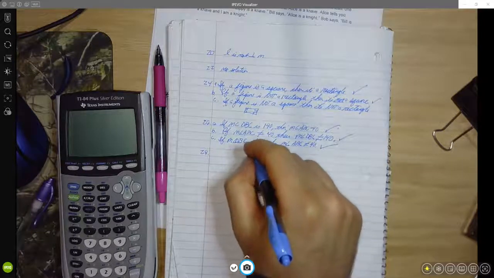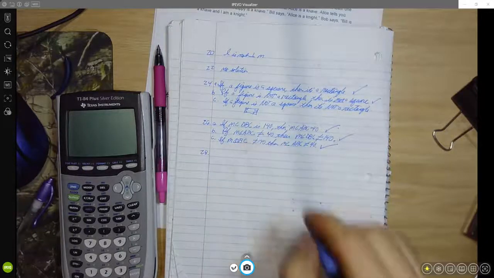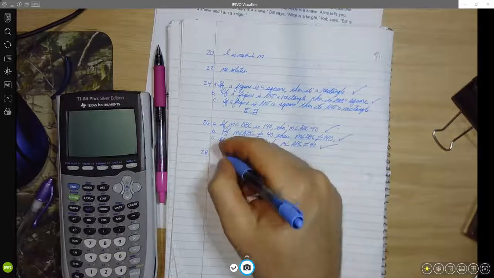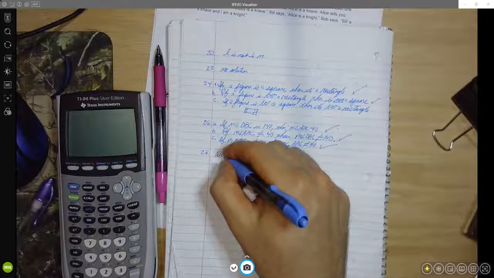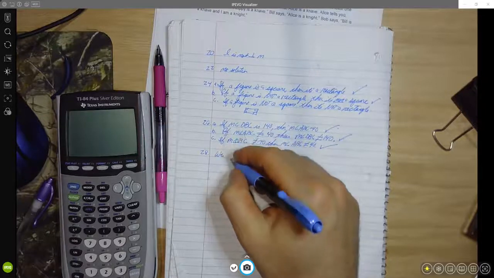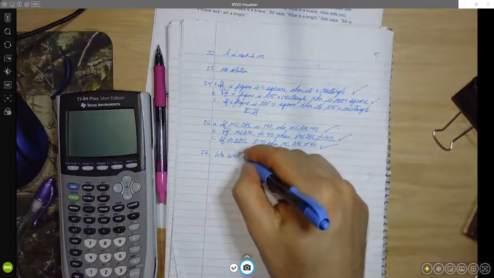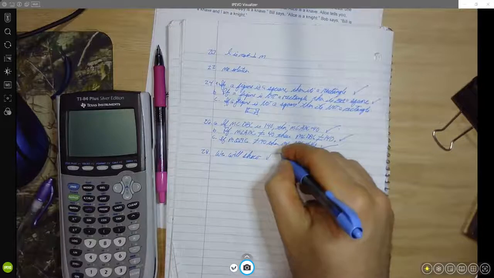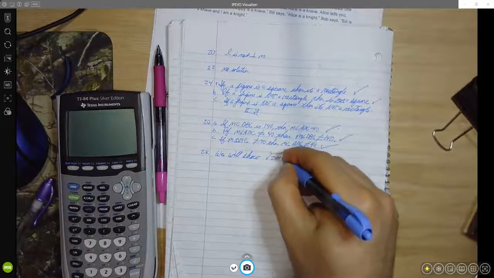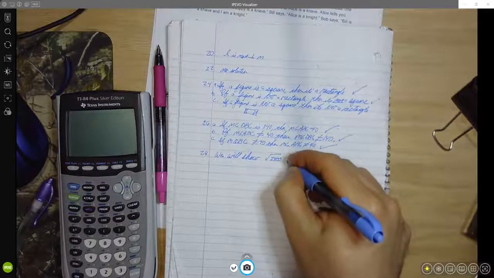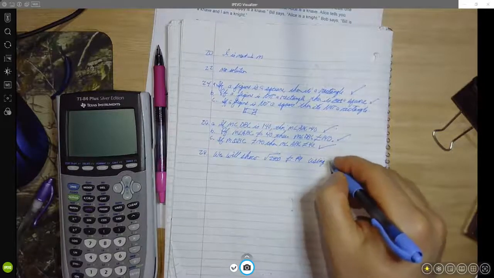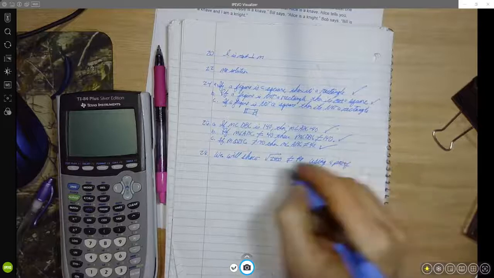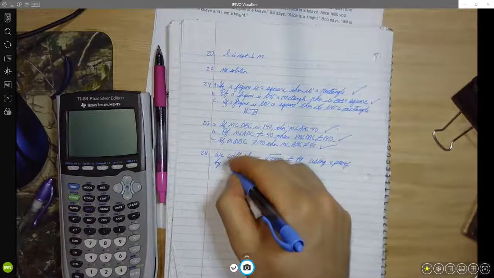Give an indirect proof to show that the square root of 2400 is not equal to 49. All right. I'm not really given anything here. So I guess we will show the square root of 2400 is not equal to 49 using a proof by contradiction.